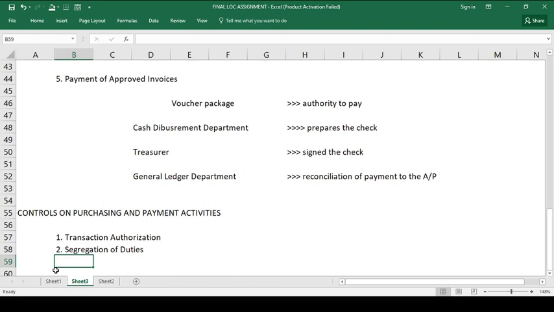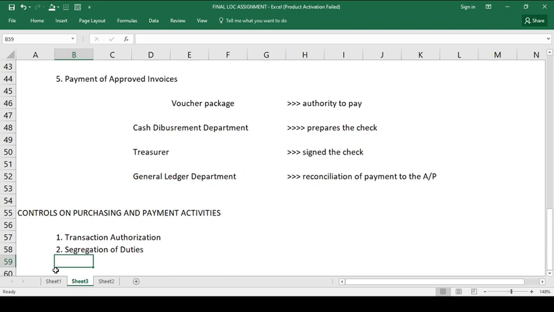Why is it important that we need to segregate duties? Kasi, for example, the requisition and the purchasing, hindi pwedeng pag-isahin. Hindi rin pwedeng pag-isahin si accounts payable at si purchasing department. Why? Because we need to prevent the existence of conspiracy in making fraudulent acts.